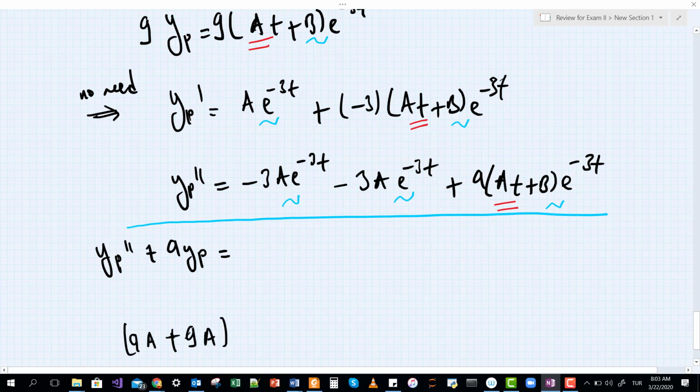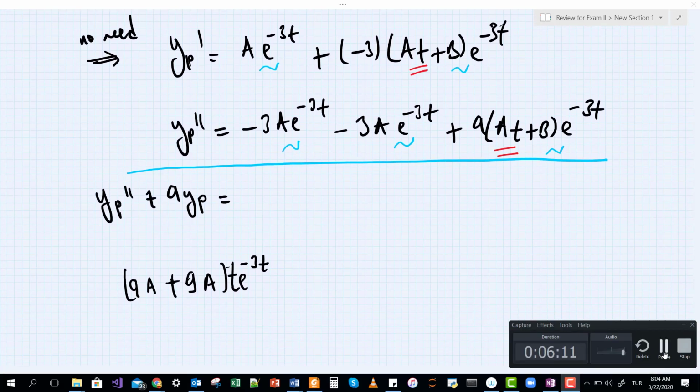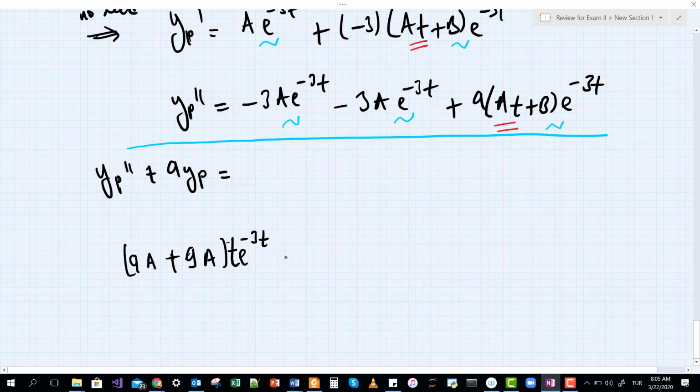So, t times e to the negative 3t, which is equal to 2t e to the negative 3t, correct?